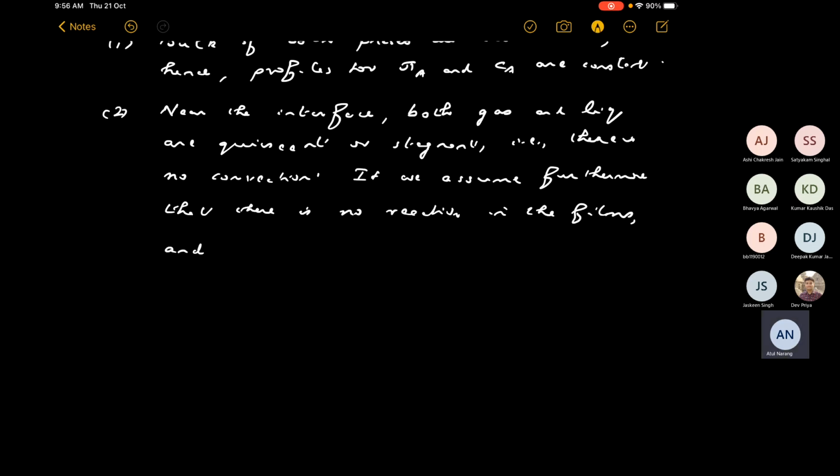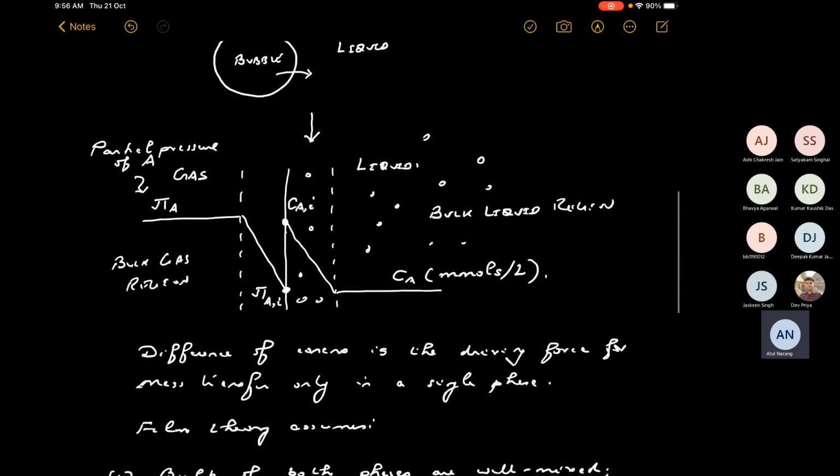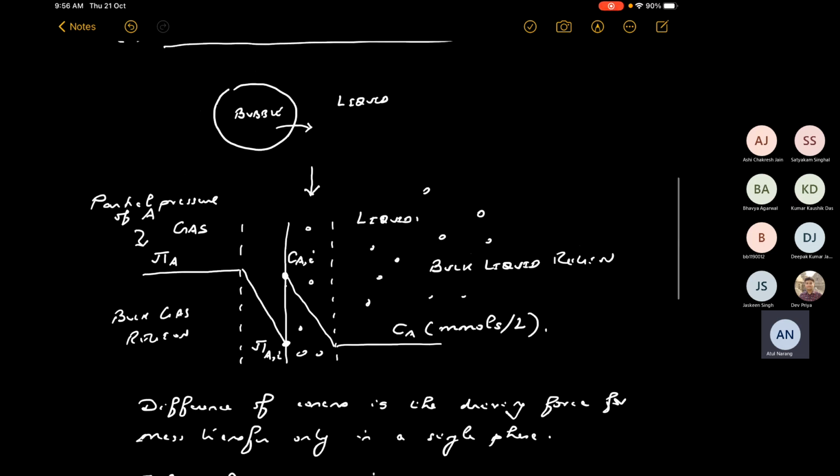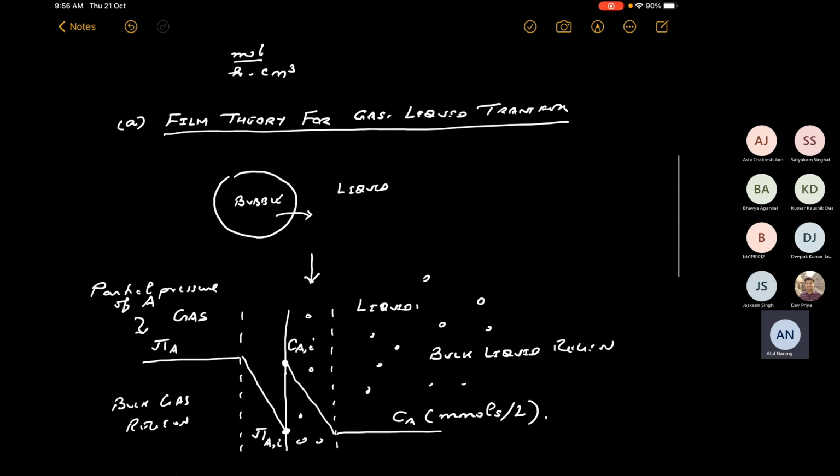And we also assume that the concentration profiles are at steady state. Now, in reality, what is going to happen is you have liquid that comes and moves along the bubble like that, and then kind of goes like that.